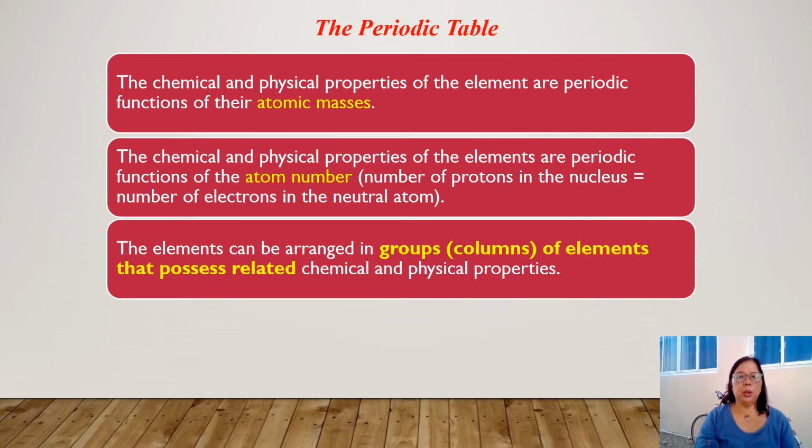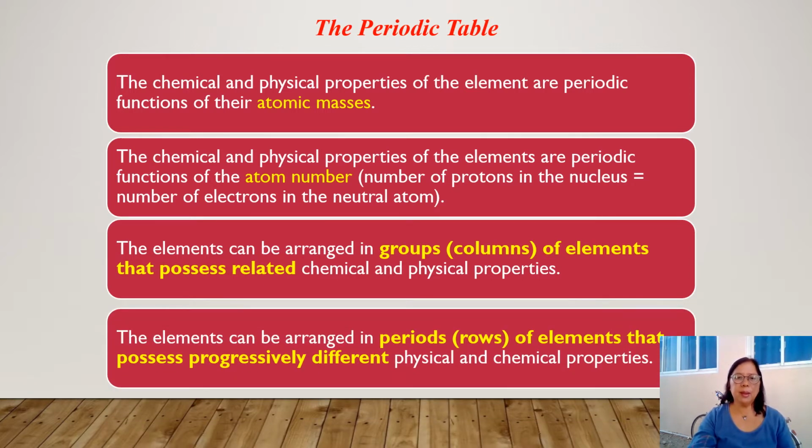Another thing that we should remember about the periodic table is that the elements are arranged in groups, that is by column, and each column possesses similar or related chemical and physical properties. The elements can also be arranged in periods or rows that possess progressively different physical and chemical properties.